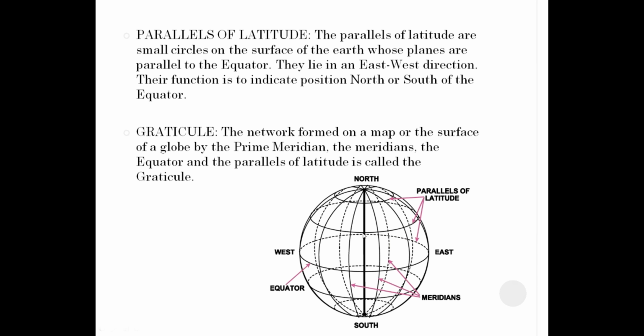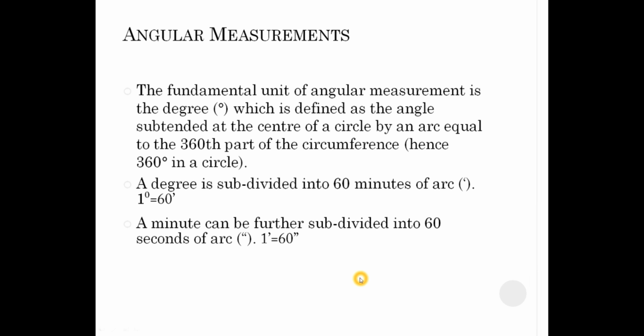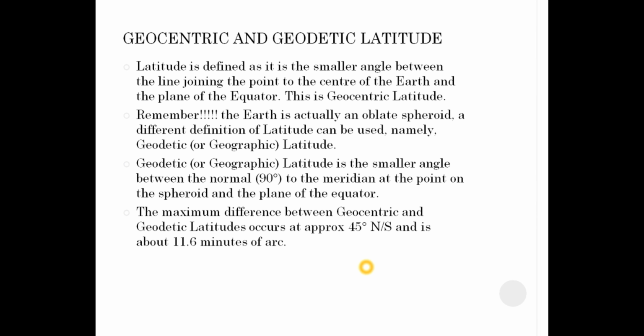And when you talk about parallels of latitude, these are they. So it's the equator, then parallels of latitude go like 20 degrees north, 40 degrees north, 20 degrees south, 40 degrees south, like that. So this was the first chapter. You can study it from here.